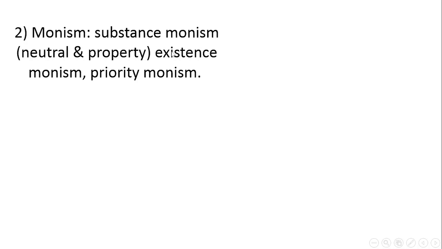Existence monism suggests that every particular thing is one with each other. It suggests that the appearance of multiplicity is just a delusion, and everything is one with each other, even at the level of each concrete object.